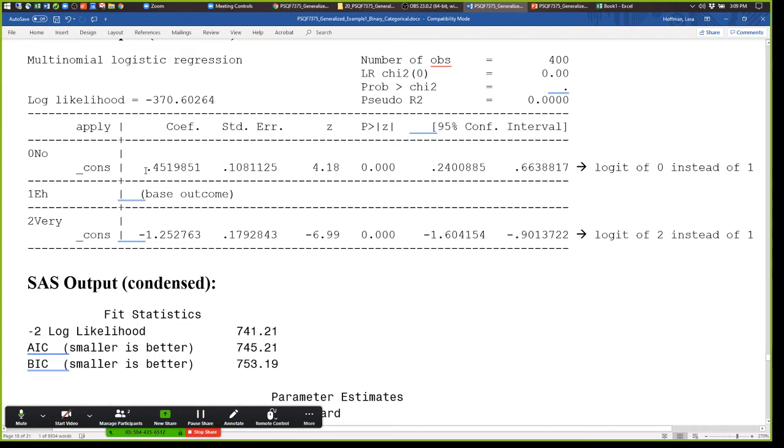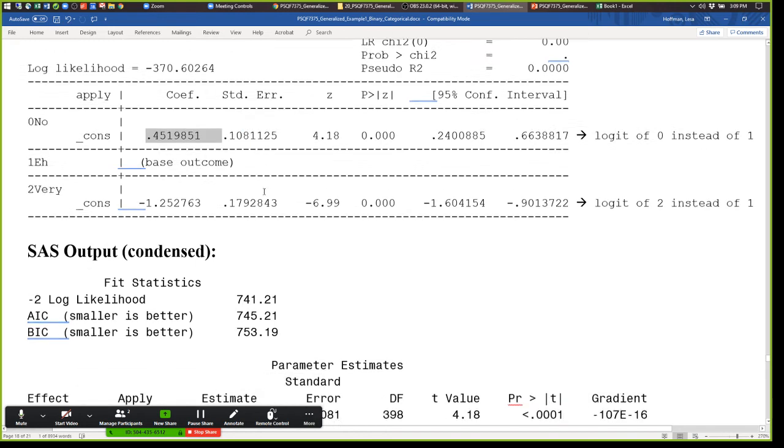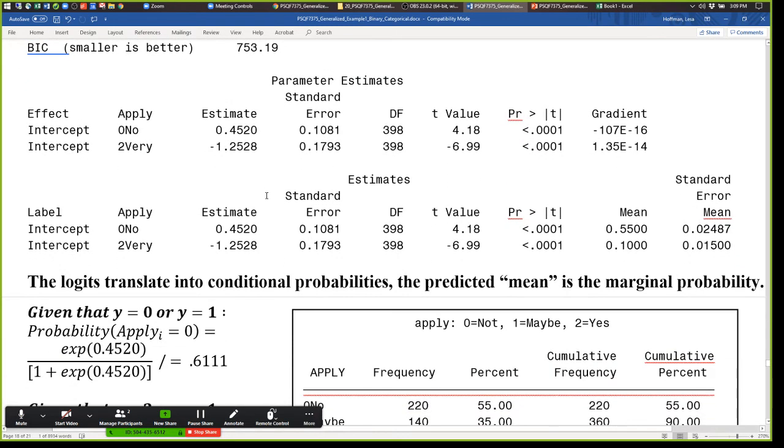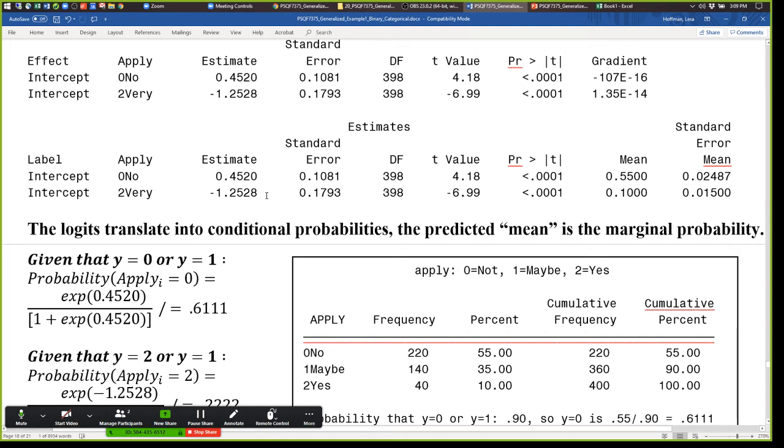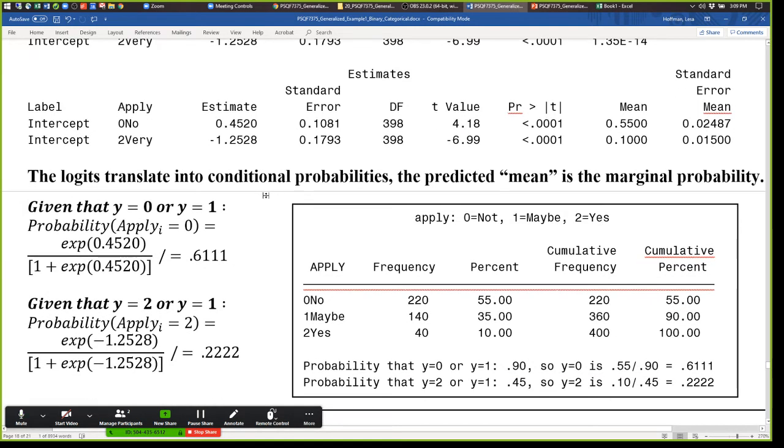The trick to understanding what this information is to keep the conditioning in mind. So here's everything that we got on one line here. So the reference is 1, which is the category. The logit of answering no instead of maybe is 0.45.